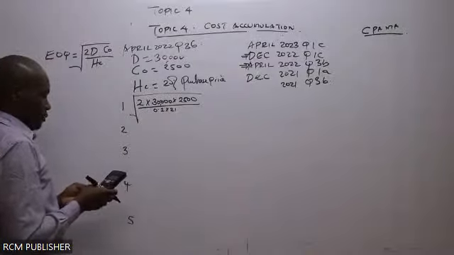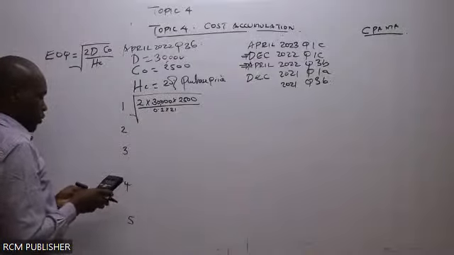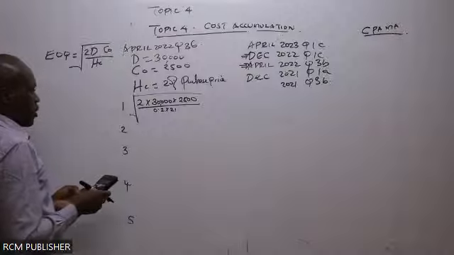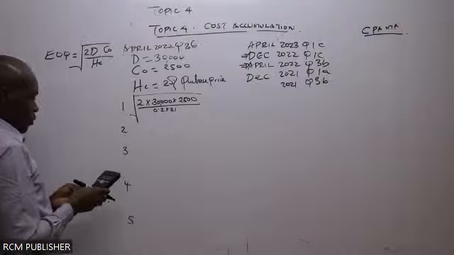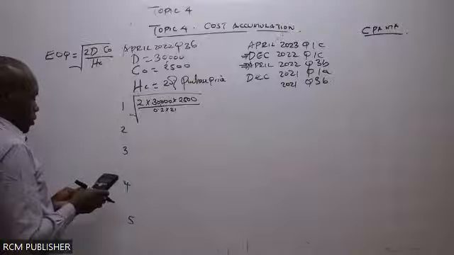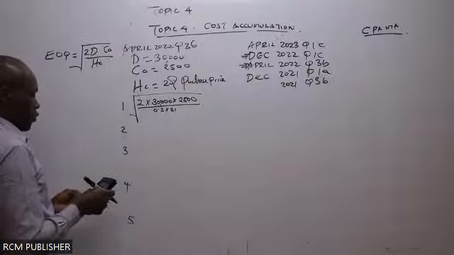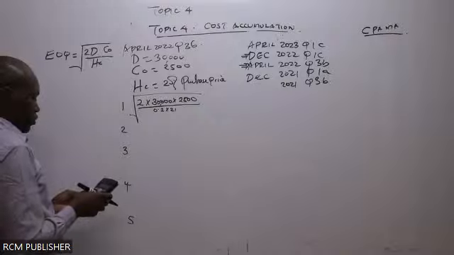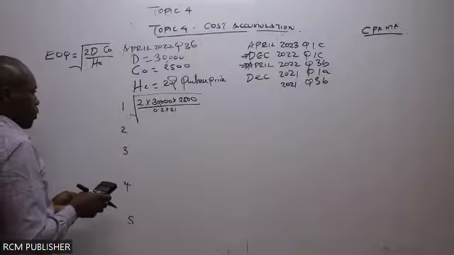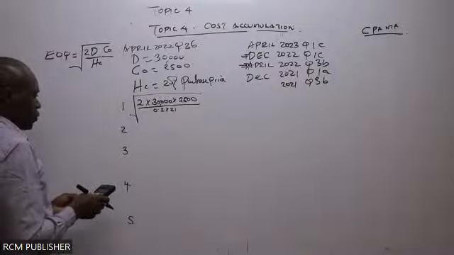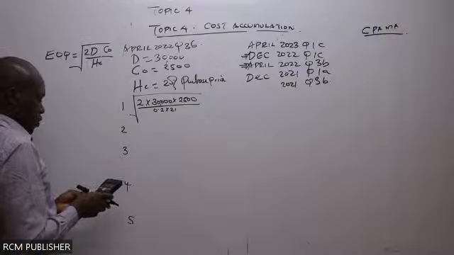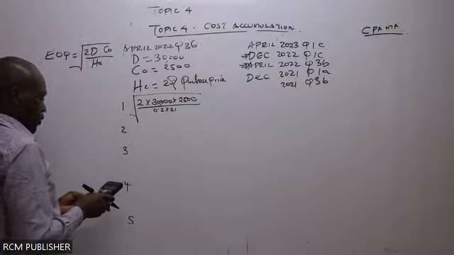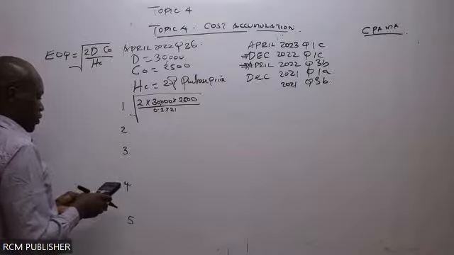Let me get mine as I wait for what you are going to post there. 2 times 30,000 times 2,500.